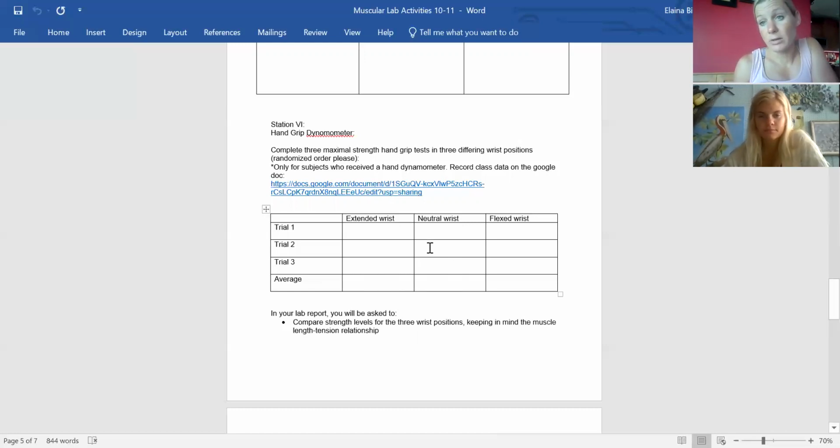So in reality, ideally, we want neutral to have your largest number, and then both the extended and flex position will be a little bit lower for those. Please record those in kilograms. I'm not sure if I included that on that Google Doc, but record those in kilograms if we need.